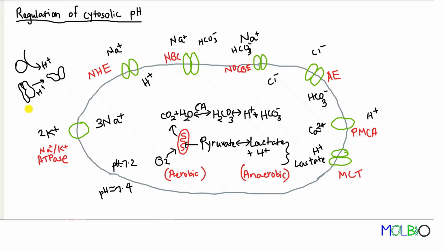Along with it, as we have already seen, the electromotive force generated across the mitochondrial inner membrane because of the proton drives ATP synthesis. If you remember, I had already talked about ATP synthase, which uses the proton gradient to generate electromotive force and uses it to generate ATP from ADP.